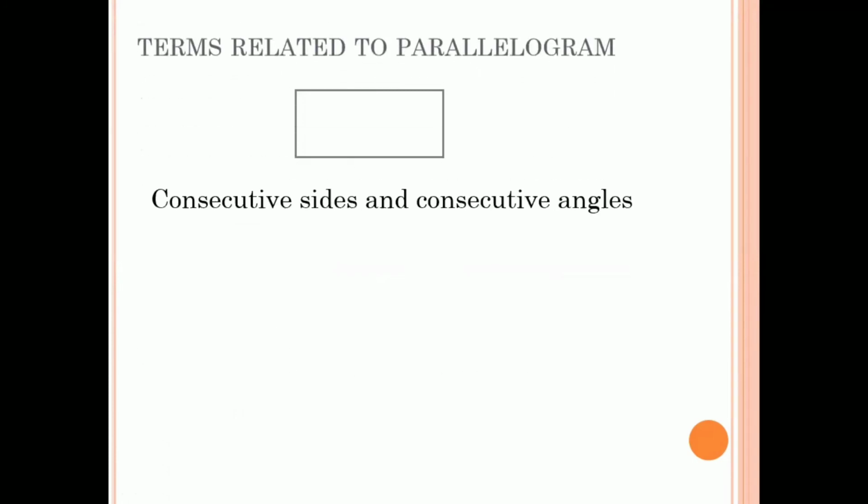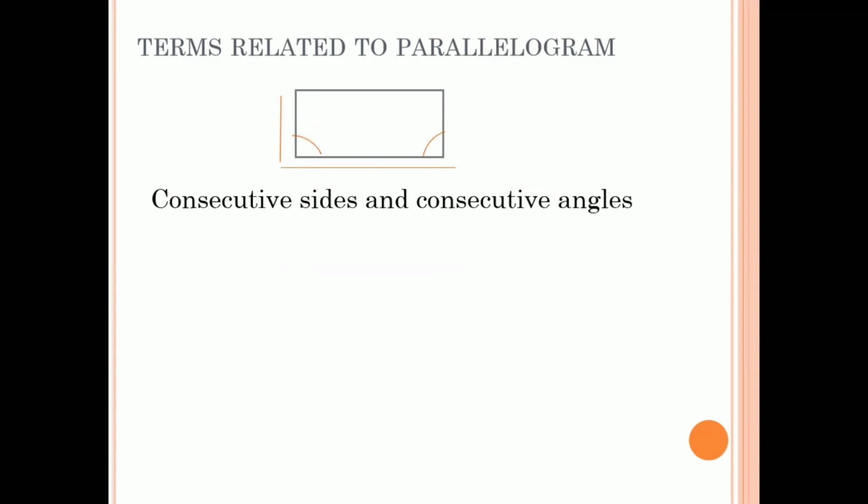Next. Here we have the terms related to parallelogram. We have consecutive sides and consecutive angles. What do we mean by consecutive? Consecutive means successive sides or angles. So consecutive sides are these sides and these sides, following one after another.